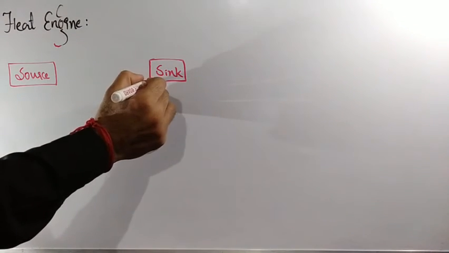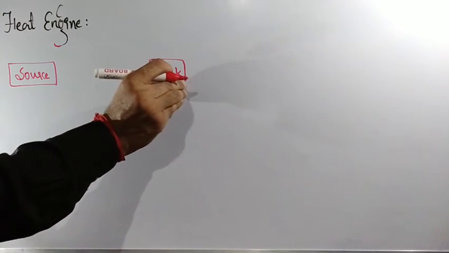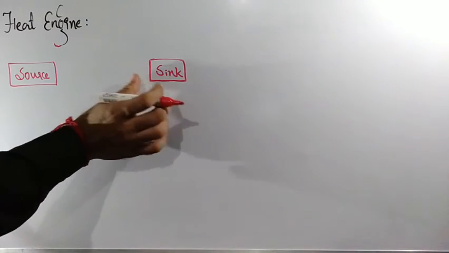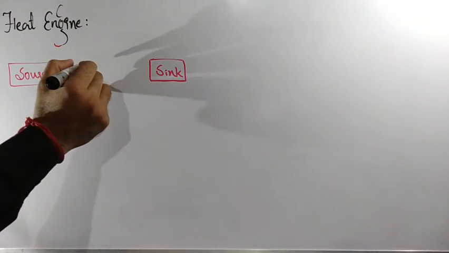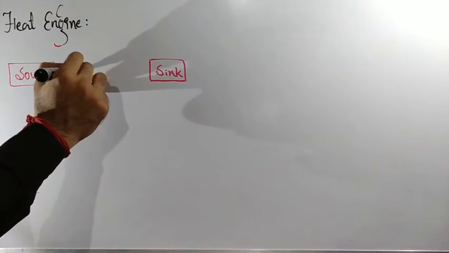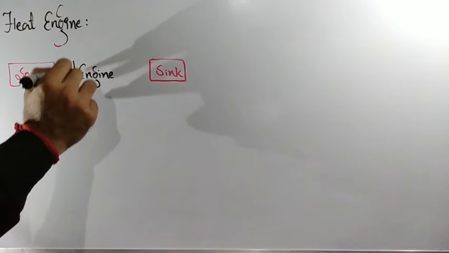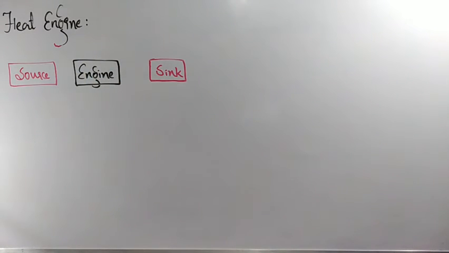This is the source, and this is nothing but the sink. Now, in between the source and the sink we will have the engine. Basically, which engine? Heat engine. More precisely, the engine is nothing but the heat engine.